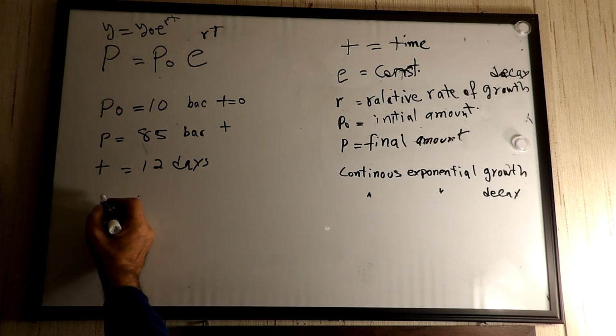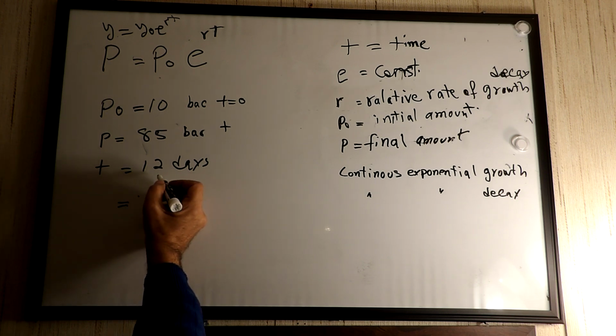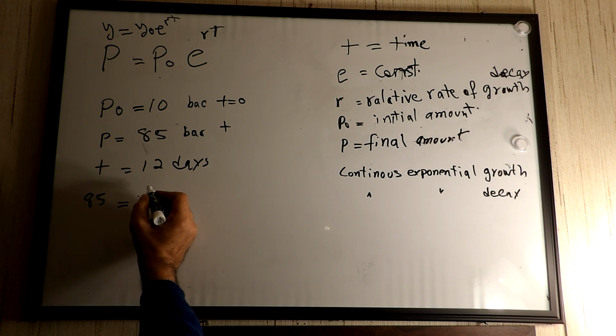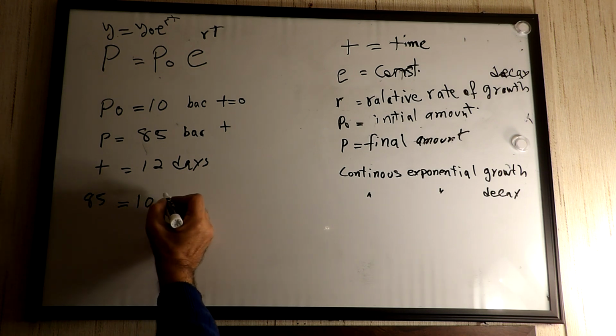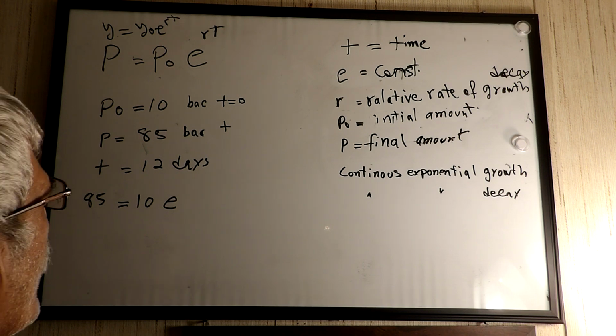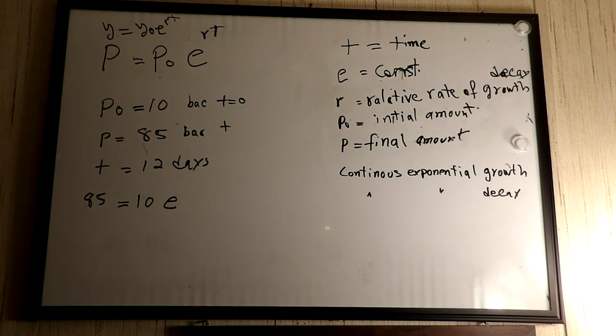At the time t, after 12 days, we have 85 bacteria, and at the time 0 it is 10, then e to the power rt. r is the relative rate of growth or decay. This is growth, because from 10 bacteria it's going to get to 85 bacteria.